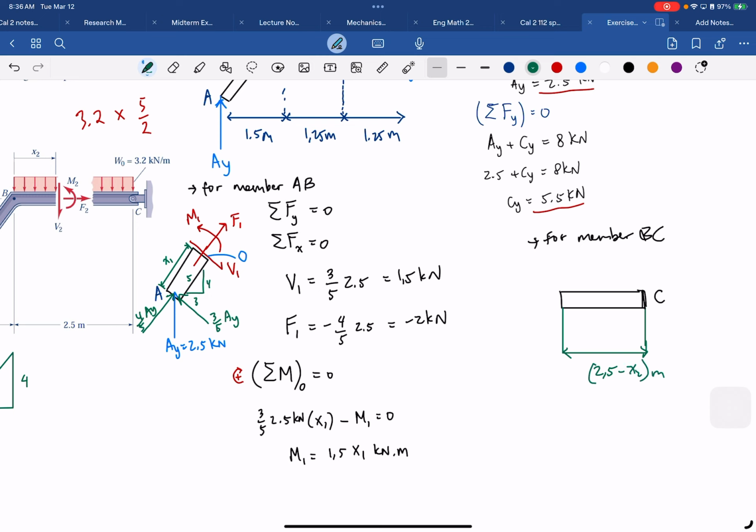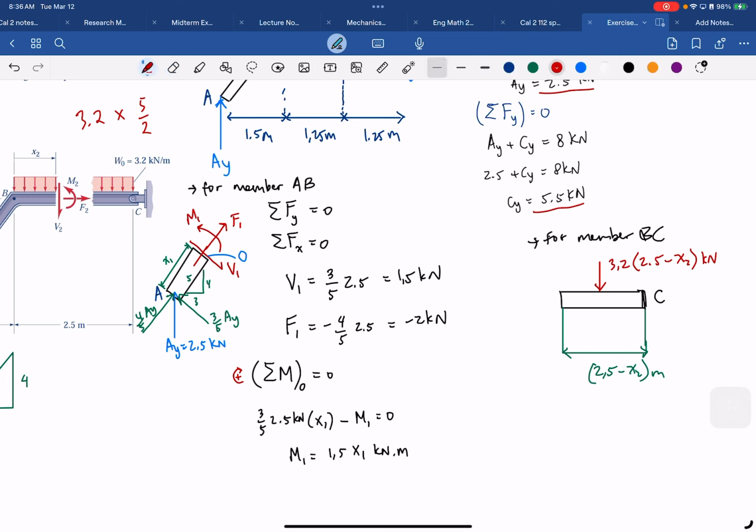We expect the new resultant will be in the center of this member. This will be 3.2 multiply with 2.5 minus x2 kilonewton.